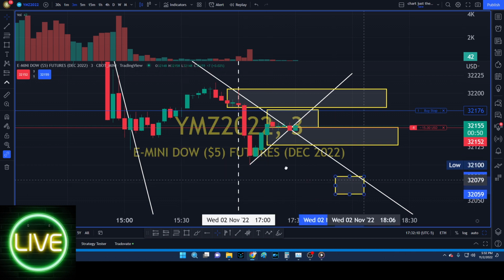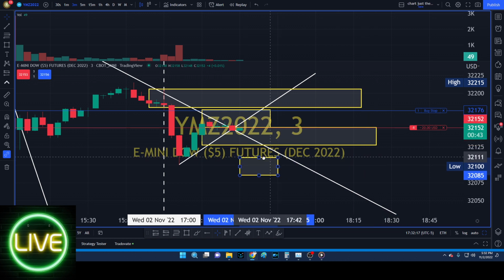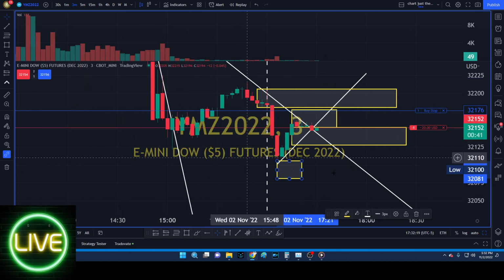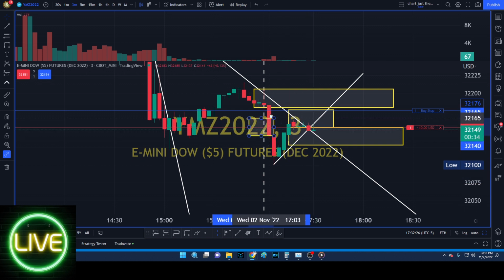Okay, so we're going to just keep this in mind. This will also tell you, this little box here, if your stop is enough, and if your volatility is increasing.